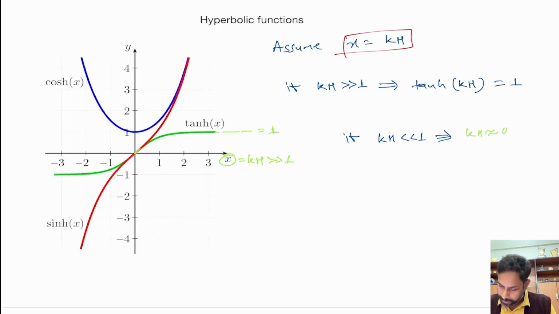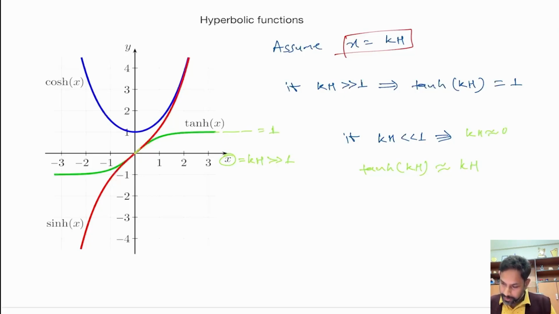In that case you can see that tanh of kh is almost equal to kh, because there is a linear relation. It's like a straight line, and it behaves like a linear relation, right? And that's why tanh of kh is almost equal to kh.